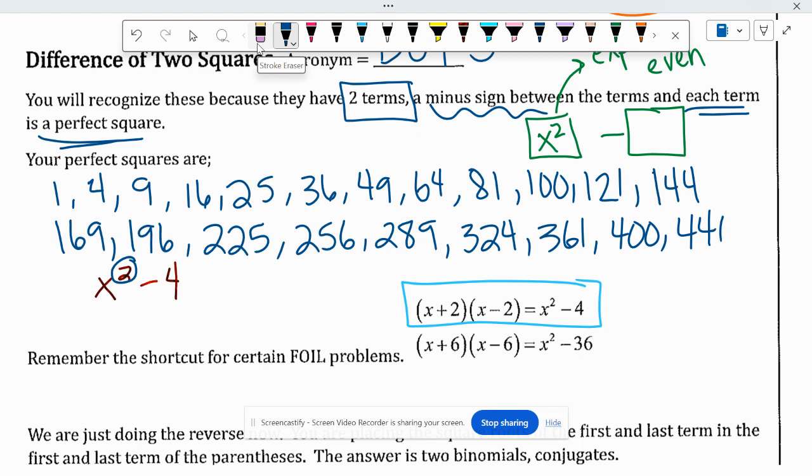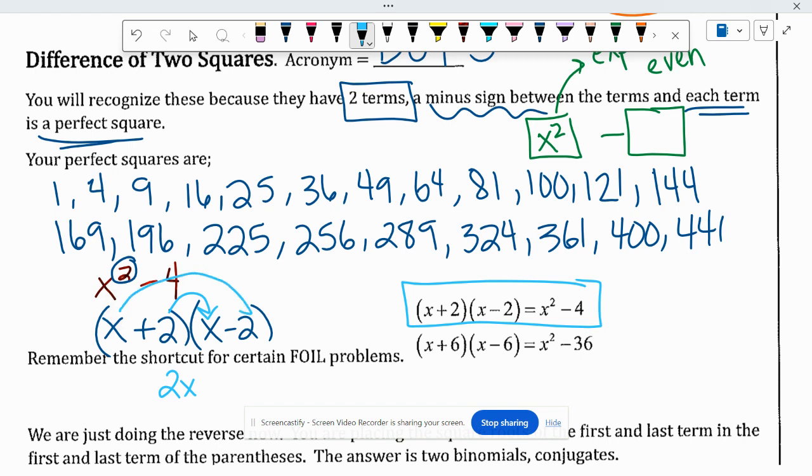The square root of 4 is 2, so it was made by taking x plus 2 times x minus 2. Why? Well, when I FOIL these, 2 times x is a positive 2x. But x times negative 2 gives me a negative 2x. And what happens to the b term, the term in the middle? They cancel each other out.